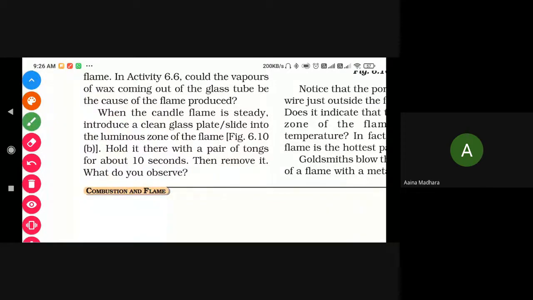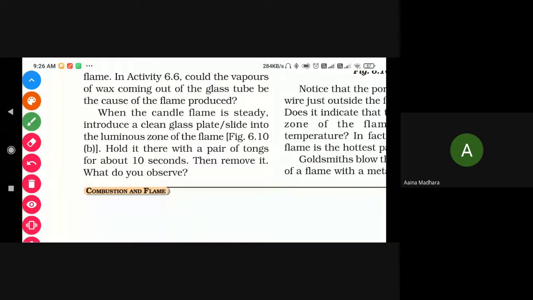When the candle flame is steady, introduce a clean glass plate. Slide it into the luminous zone of the flame, as in figure 6.10. Hold it there with a pair of tongs for about 10 seconds, then remove it.